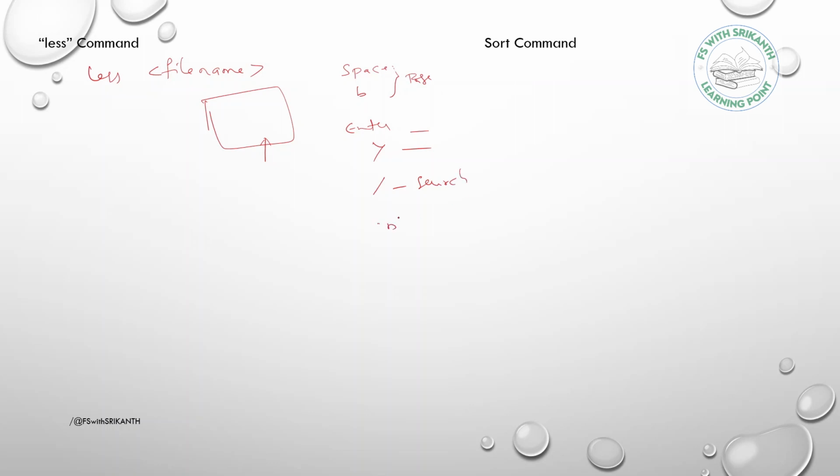Small n is for the next occurrence, capital N is for the previous occurrence, and already we know small g and capital G. Small g is for moving to the beginning of the file, capital G is for the end. If we want to open the file with line numbers, we go with hyphen capital N and the file name.